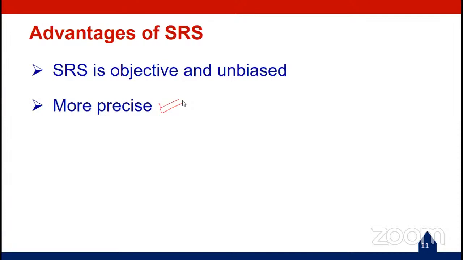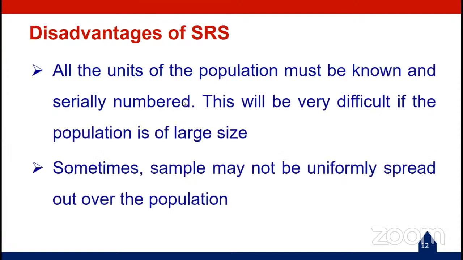It is practically very difficult to serially number all the 2 lakh people and do such a lottery method or computer generation. It is very tedious. So simple random sampling is not feasible for a large population.